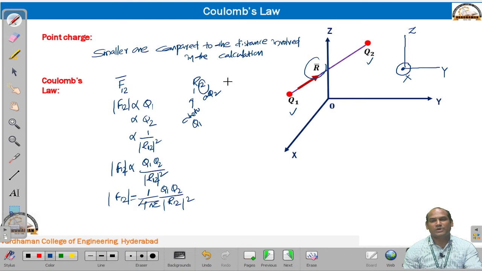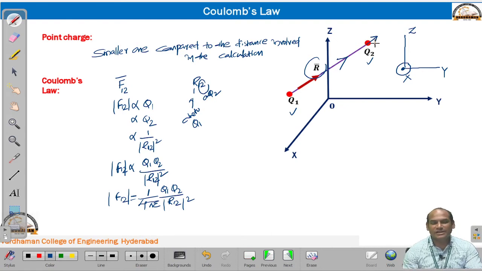F12 is also like that only, and r12 bar is joining the charges q1 and q2 and is directed towards q2 only. So, the force direction is represented with this arrow, towards q2 from q1.